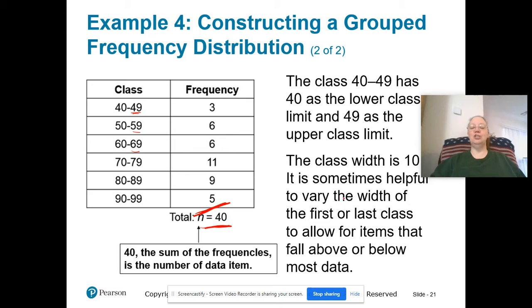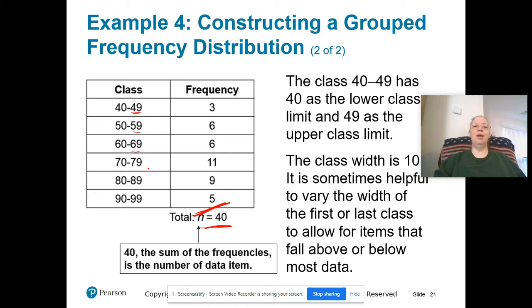You know how I said make sure all of the classes are the same width? Occasionally, very rarely, we make either the first class or the last class bigger. Let's suppose, for example, we had one student that got a 7 on the test.